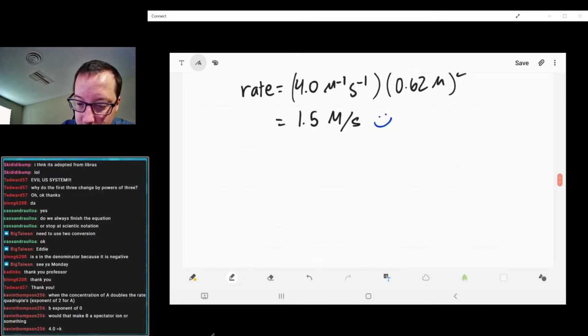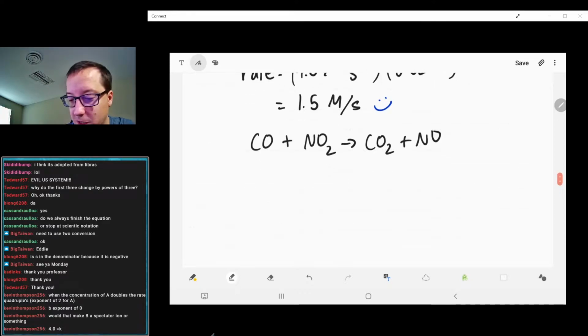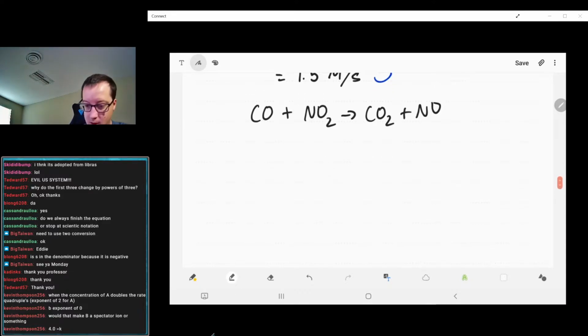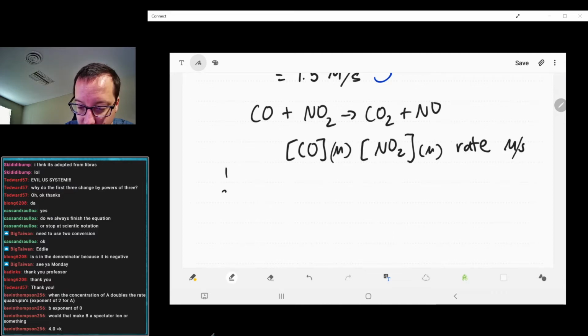So here's our reaction, basically just transferring an oxygen from nitrogen dioxide to carbon monoxide. Of course, the units of concentration will be the same. And this time we're going to have 5 experiments.